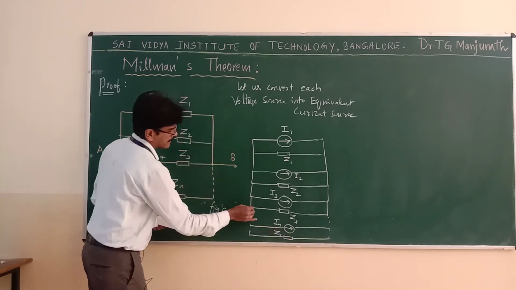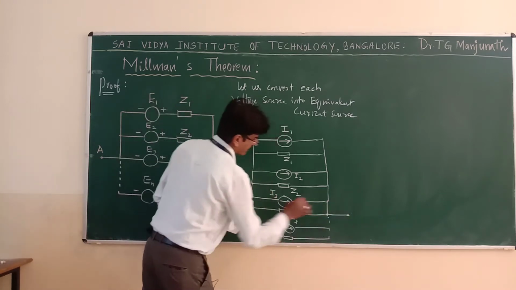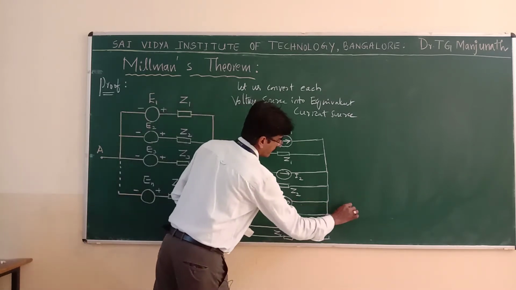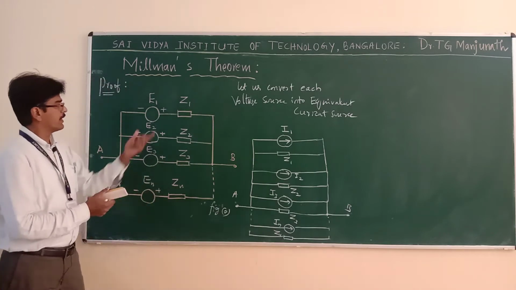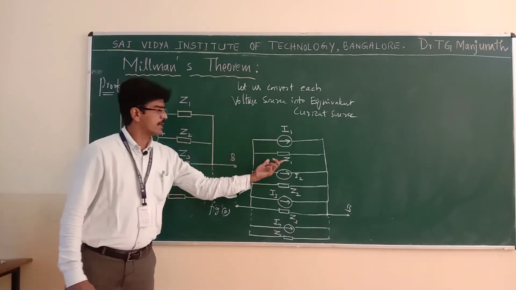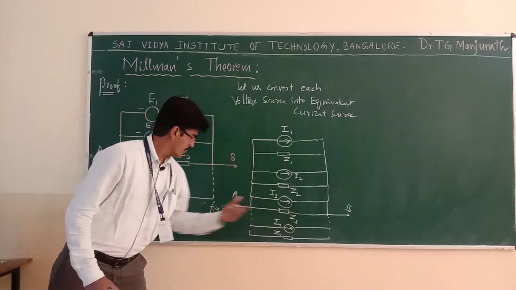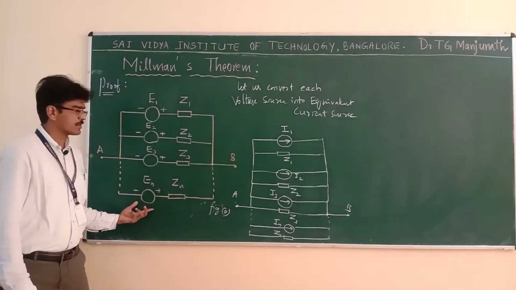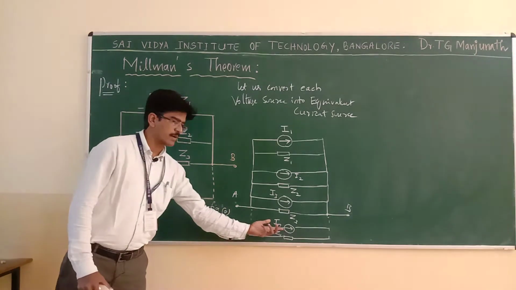It is connected across the terminals A and B. So I have converted each voltage source into an equivalent current source, and since you have n number of voltage sources, I have shown n number of current sources.